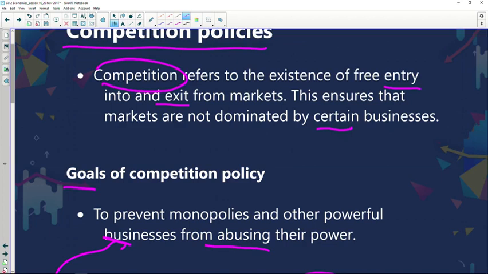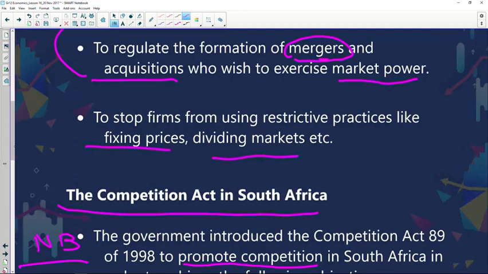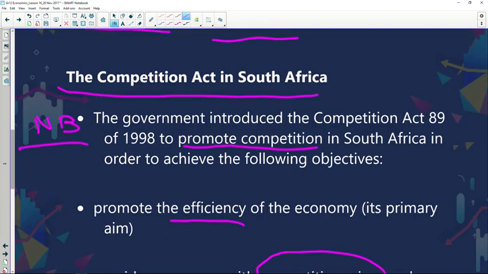We said it refers to the existence of free entry into and exit from the markets. This ensures that markets are not dominated by certain businesses, and we've looked at the monopoly system, and we said we're trying to prevent monopolies and other powerful businesses from abusing their power because they find themselves in the position where they are dominating the industry.